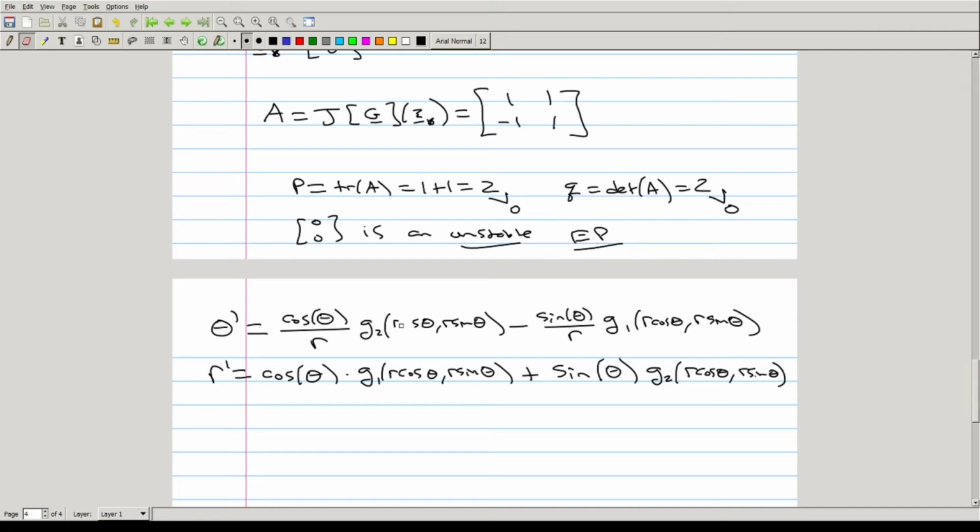Oh, and we'll just abbreviate this as R, G of R theta, G1 of R theta.